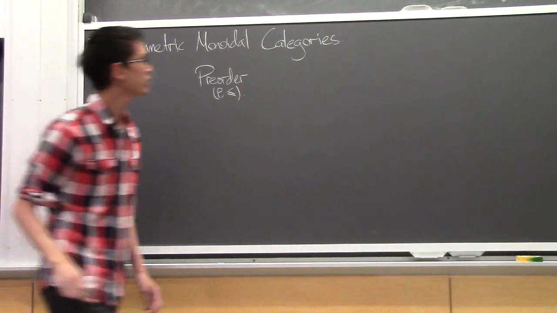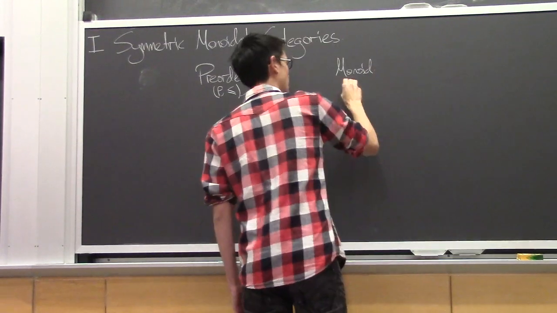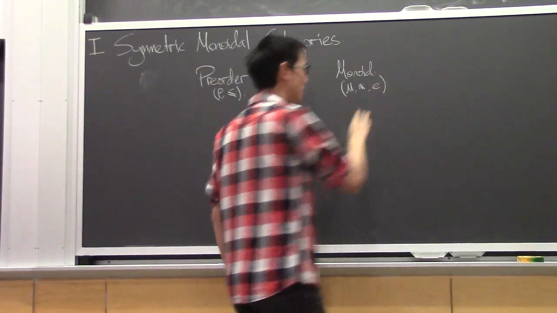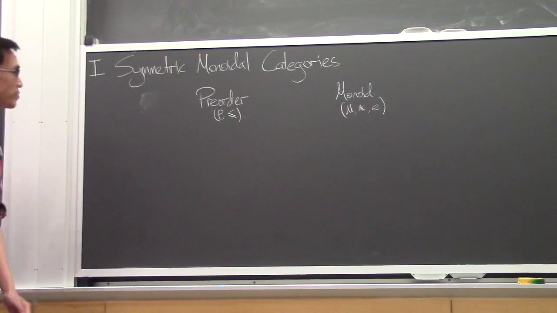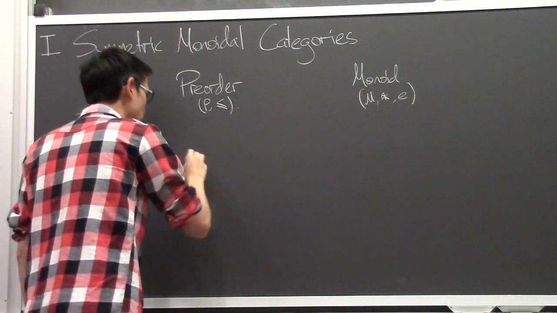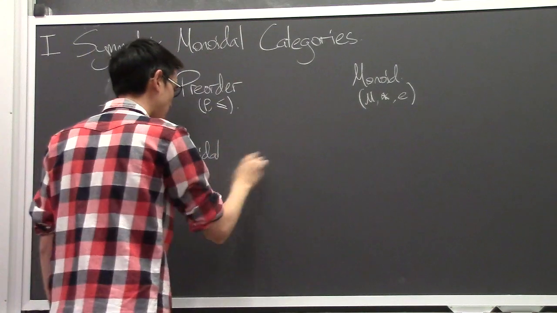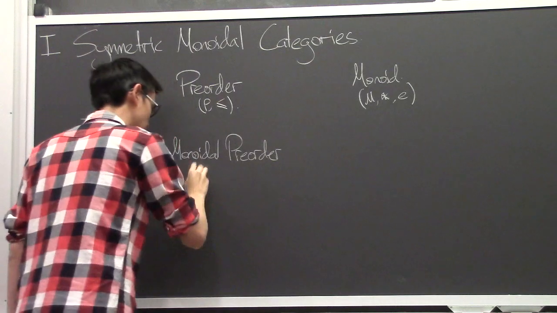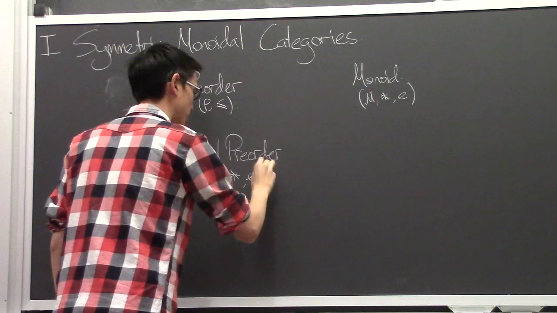We also introduced the notion of a monoidal set, or just a monoid. And this is a set with a binary operation and a unit. So the binary operation has an identity element or a unit. We then saw that we could construct these things called monoidal preorders, which is a set with both these structures. So the set, we call it P, and we have an order, but also on this thing we have a binary operation with unit.